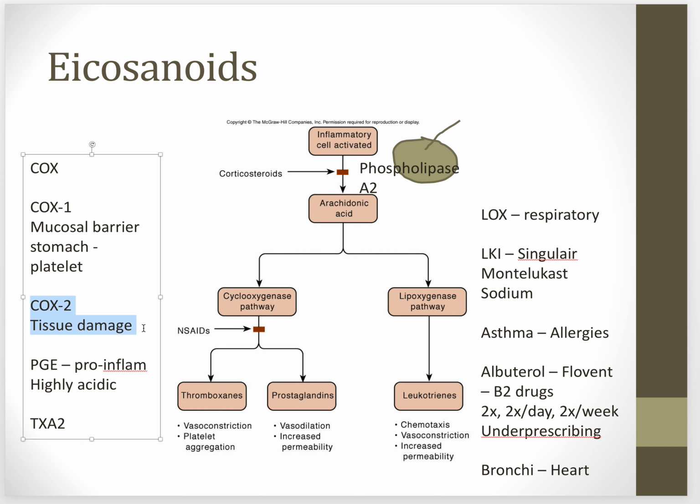So here's where the drugs fit in. We said things like leukotriene inhibitors like Singulair, they block lipoxygenase so that we don't get leukotrienes, and that's mainly important in the respiratory tract. Cyclooxygenase can be blocked from turning arachidonic acid into these pro-inflammatory prostaglandins and thromboxanes by the big class of drugs called non-steroidal anti-inflammatory drugs.